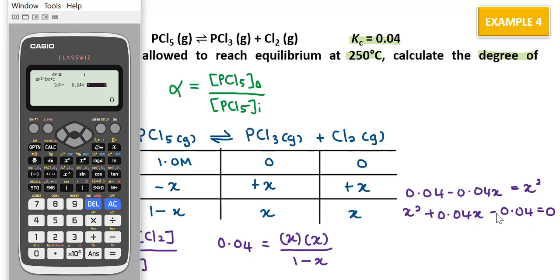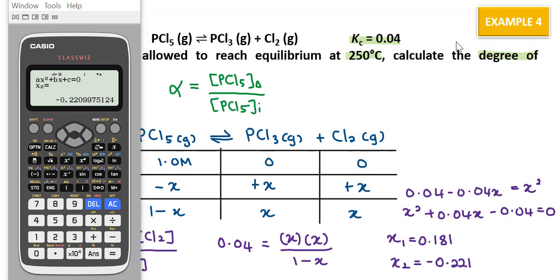The value of c here is negative 0.04, so press negative 0.04 and then press equals. Press equals again, and we have the first value of x as 0.181 and the second value of x as negative 0.221.